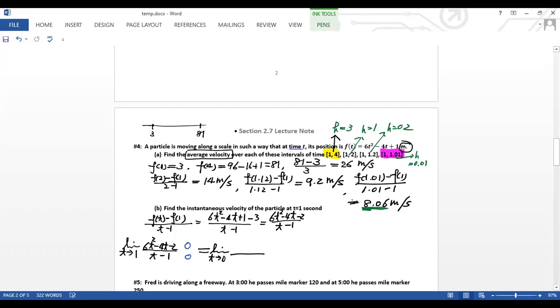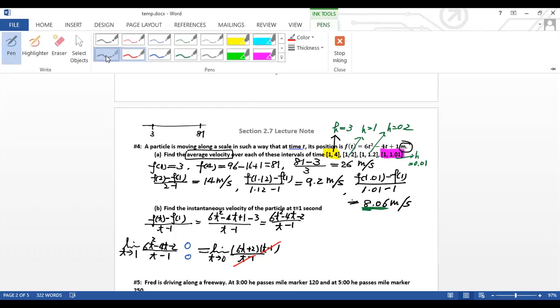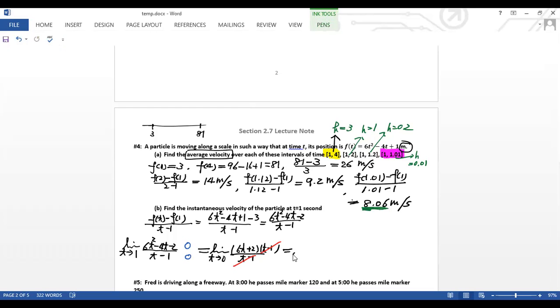This one, I can factor as 6t plus 2 times t minus 1, over t minus 1. Then you say, oh good, t minus 1 can cancel. So I'm going to have the limit as t approaches 1 of 6t plus 2. So what is that? It's 8.